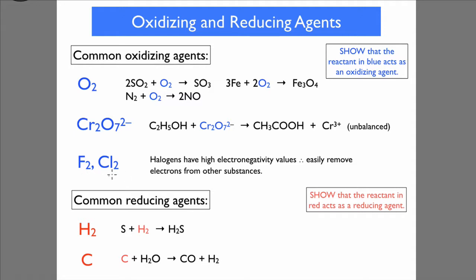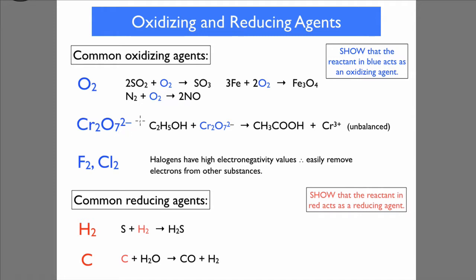Another rule that we should bear in mind for the common oxidizing agents is that halogens have a very high electronegativity value, and therefore they easily remove electrons from other substances, so they're common oxidizing agents. So oxygen's easy to remember, right? Because it's called oxygen and it's an oxidizing agent.